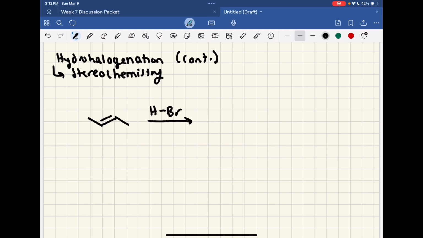This is hydrobromic acid. We can imagine that we are going to add across that double bond such that we get a proton and a bromine. But we have to consider, did we generate a new chiral center? We absolutely did over here. This is an sp3 hybridized carbon with 4 different substituents.